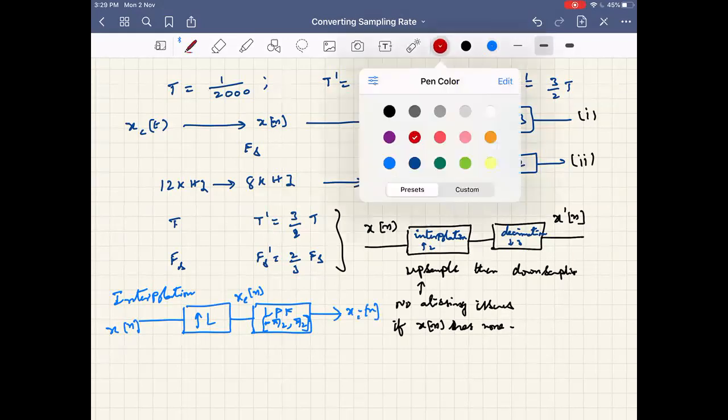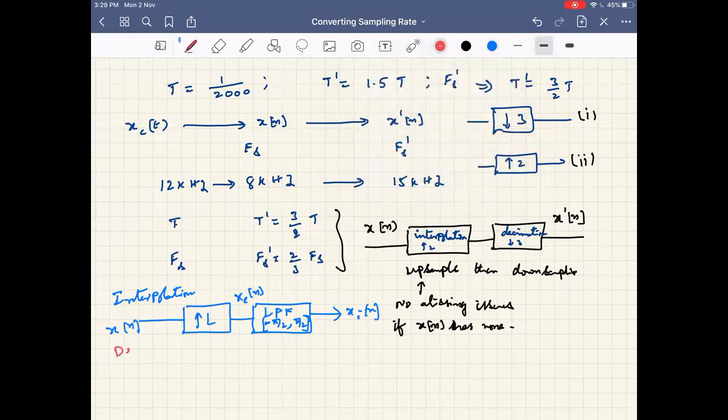Similarly, when we do decimation, the process involves, from x of n, first applying an anti-aliasing filter from minus pi by M to pi by M, and then applying downsampling, because if you directly apply downsampling, there is a risk or possibility of aliasing.